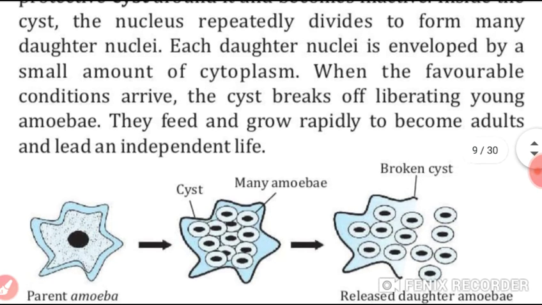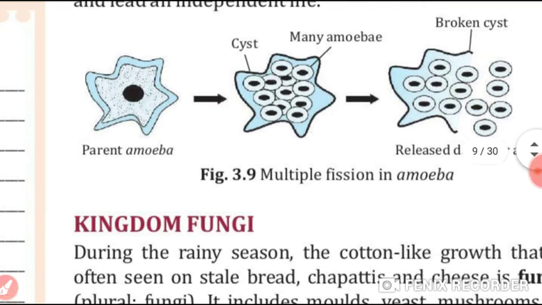Each daughter nucleus is enveloped by a small amount of cytoplasm. What happens when favorable conditions come? The cyst breaks, and all the young amoebae are liberated, they feed and grow rapidly to become adults, and they then live an independent life.